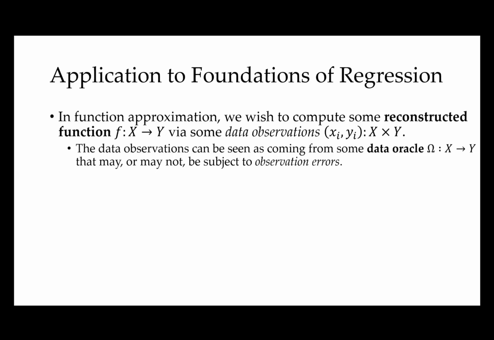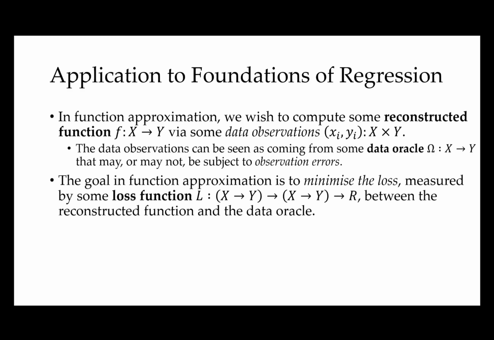And this oracle is usually assumed to have some sort of observation errors. And then, in normal regression, you would reduce the least squares error or whatever. So the goal in function approximation is to minimize the loss between the function that you're reconstructing and the data oracle.